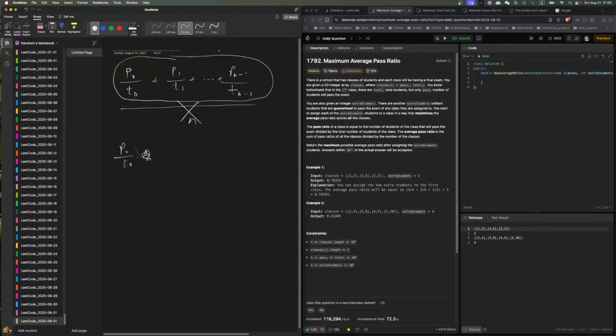Okay, so I can sort this from small to large.